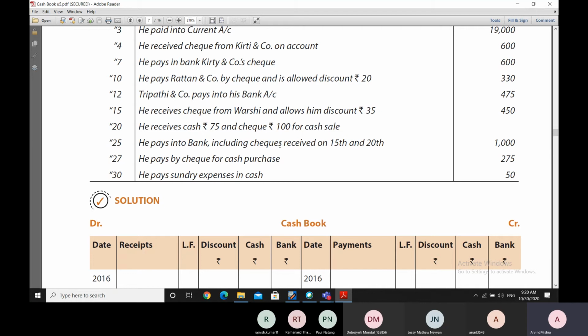And finally he deposits these checks into the bank, including the checks which are received on 15th and 20th. So on 15th and 20th he has deposited certain checks.